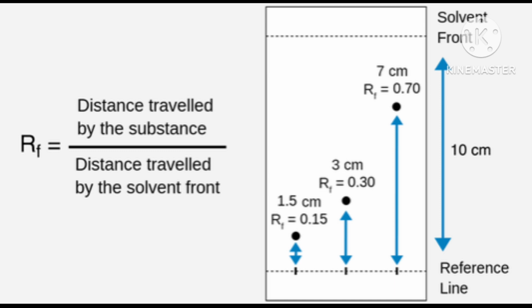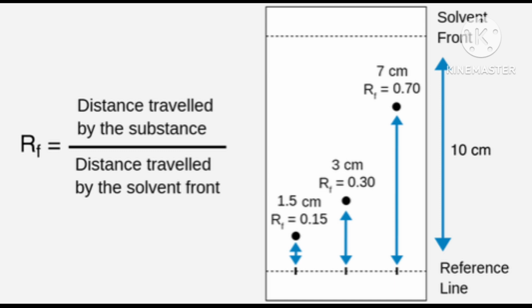The mixture adsorbed on the adsorbent is placed on the top of the adsorbent column packed in a glass tube.